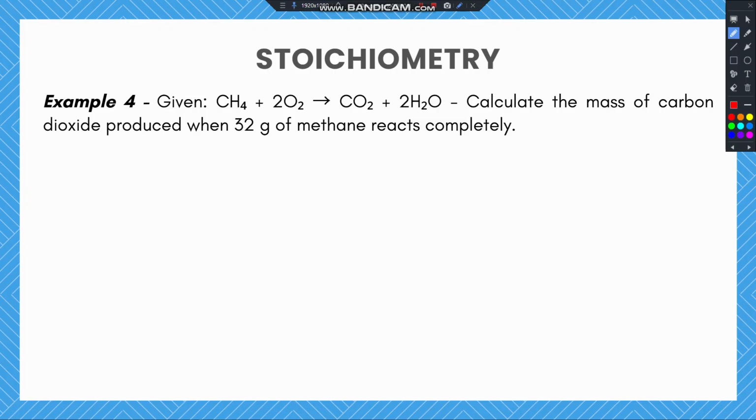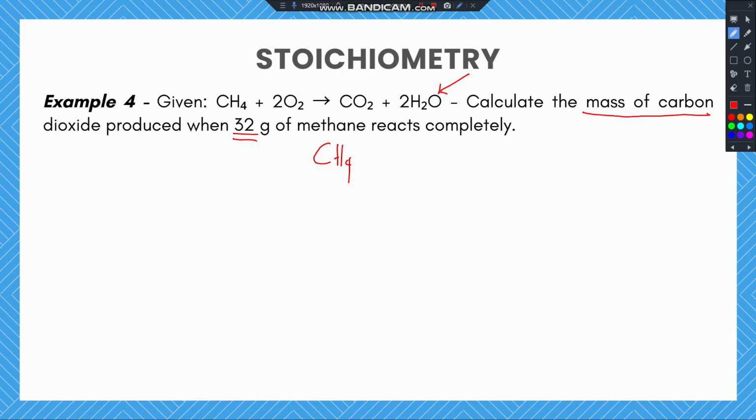Well, the next example on the screen says, given this equation, you can see the equation over here. Calculate the mass of carbon dioxide produced when 32 grams of methane, CH4, reacts completely. So step number 1 would be to convert this mass, 32 grams, into number of moles.